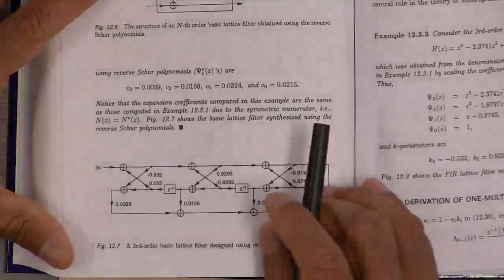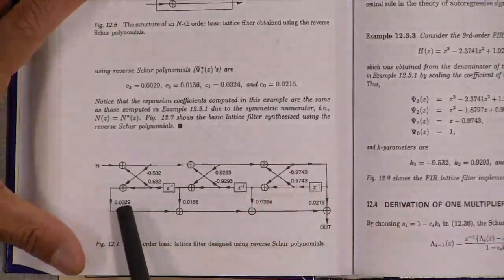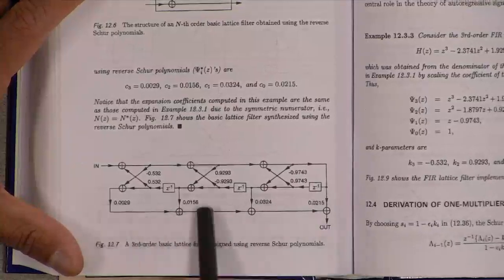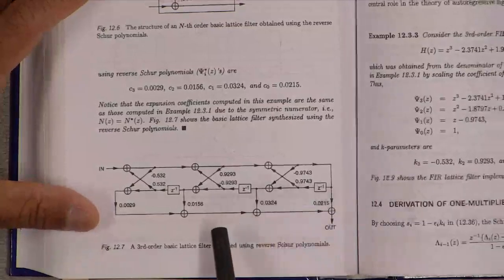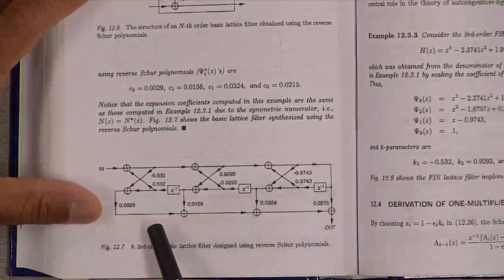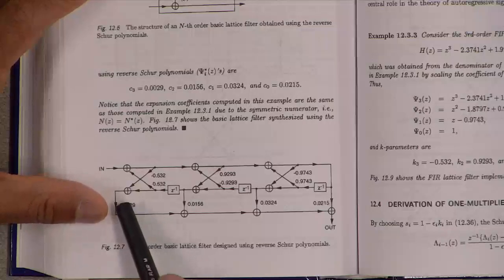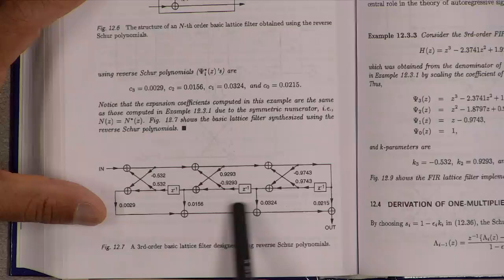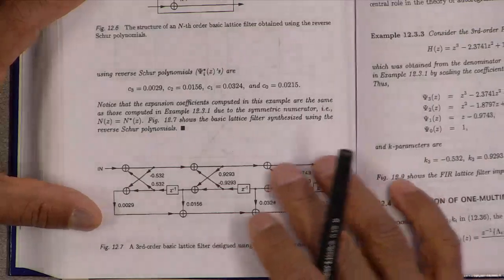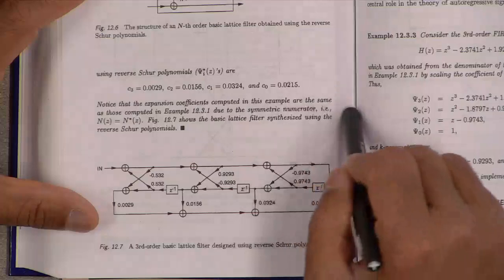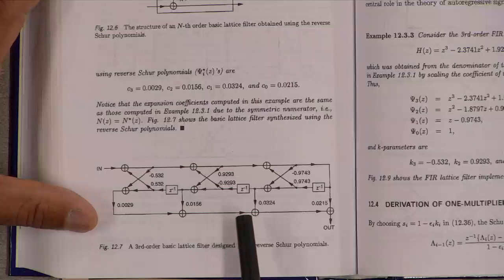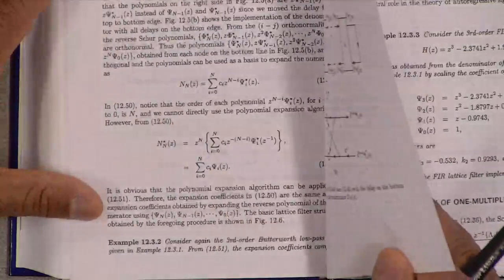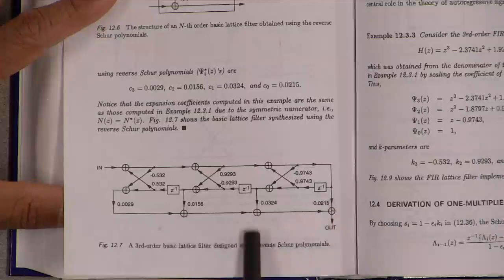And if I look at the coefficients at the bottom, they are the same coefficients, and that's not surprising because we just proved that the coefficients that are used to expand the numerator from the modified reverse polynomials are exactly the same as expanding from the phi polynomials. So still these are the same coefficients, 0.0029, 0.0156, 0.0324 and 0.0215.